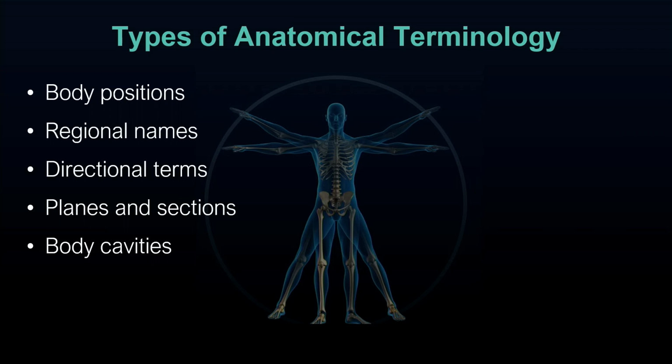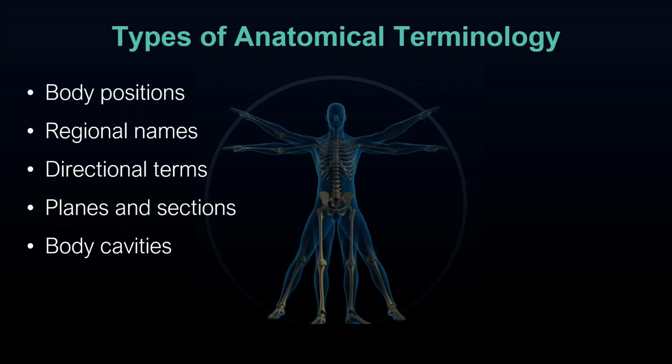Directional terms are equally important as well. Which way is up? Well, right now, if I stand here, it's towards the head. If I was upside down, which way would up be? For you, it would be towards my feet as I'm standing on my head. For me, it would still be towards my head. Up doesn't work. Down doesn't work. We use different directional terms that ignore the body's position in space.